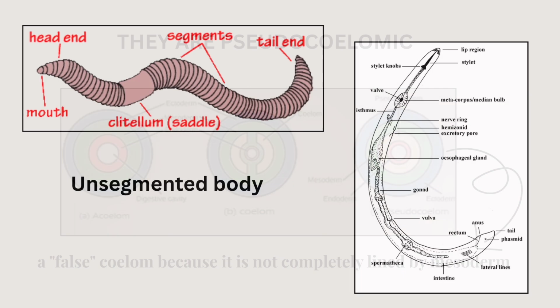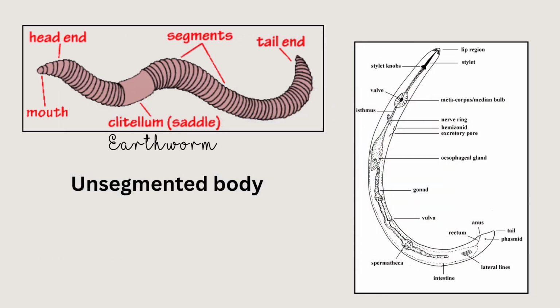by mesoderm. And coming to the next point, which is unsegmented body. Nematodes do not have a segmented body. That means they are unsegmented. Unlike earthworms, which have a segmented body, their segments repeat themselves. They have a series of segmentations, and that segmentation is both exterior and interior as well.